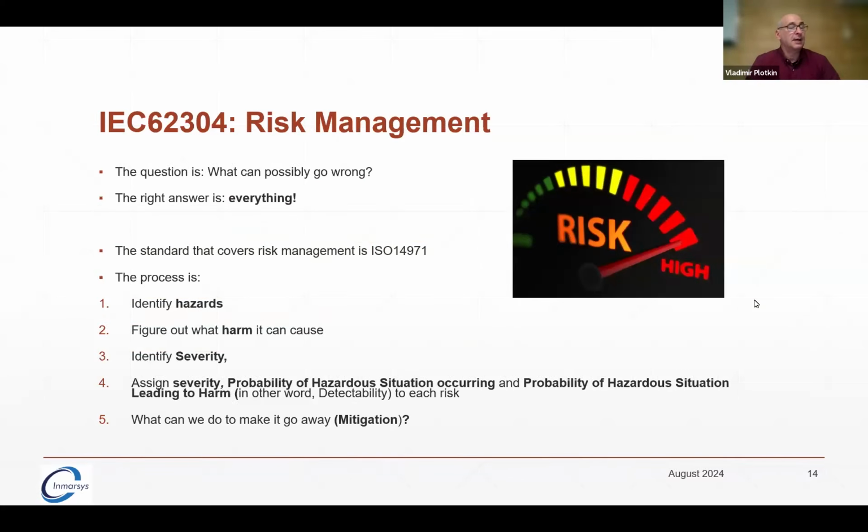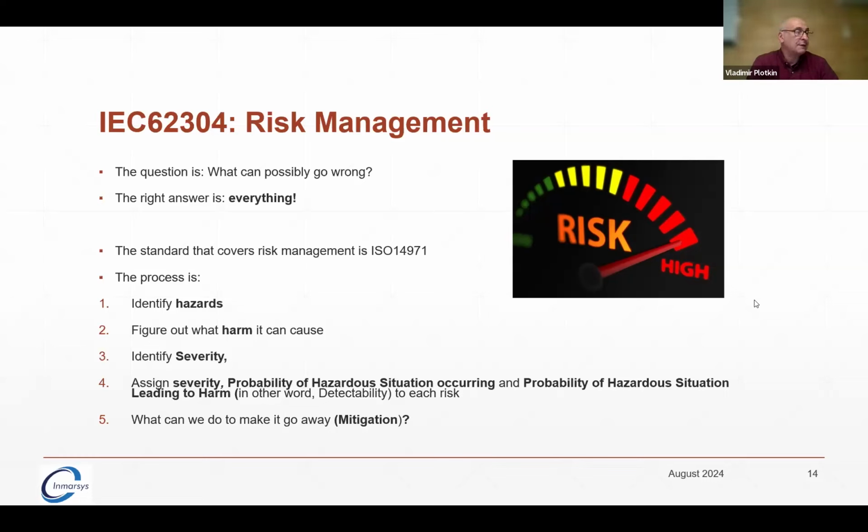Risk management, the typical question: what can possibly go wrong? That's what developers are always asking, and their answer is everything. So that's why we need to do risk analysis. At the very beginning, before software is written, 62304 will tell you that the probability of risk occurring because of software is going to be 100%. So they don't trust you to write software correctly.